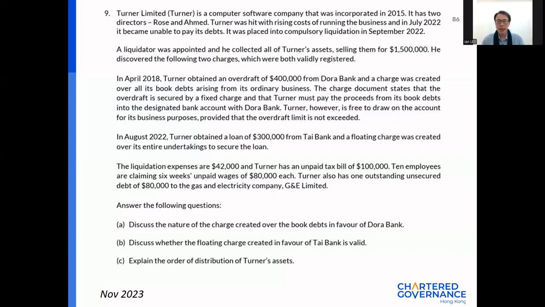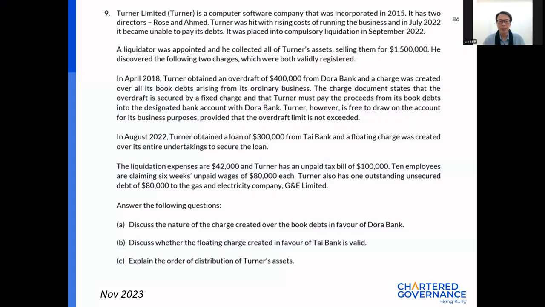So I think by the time you finish reading the first 2 paragraphs, you should be able to guess what this is about. Clearly, this is talking about a compulsory liquidation. That means it is liquidation, I guess, wound up by the courts, and the court appointed a liquidator.